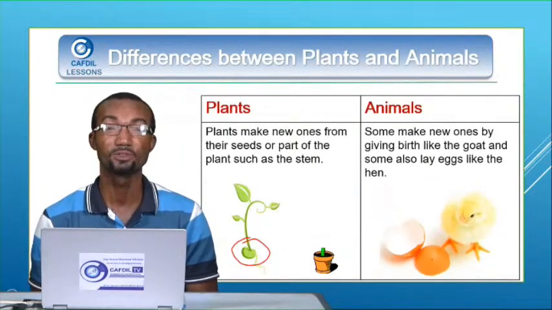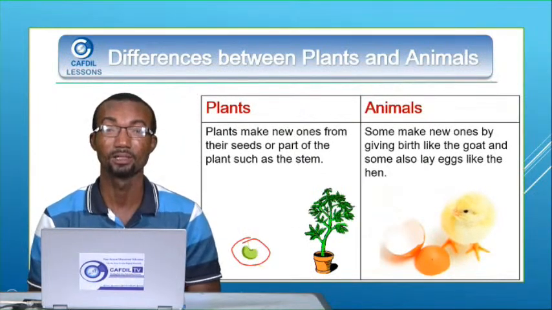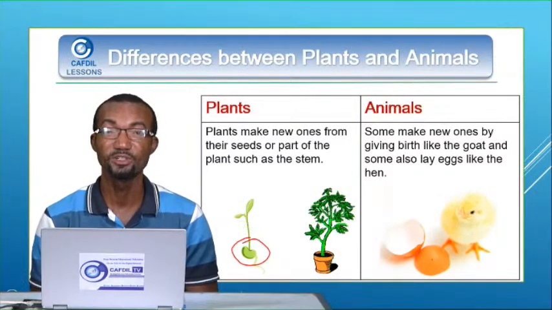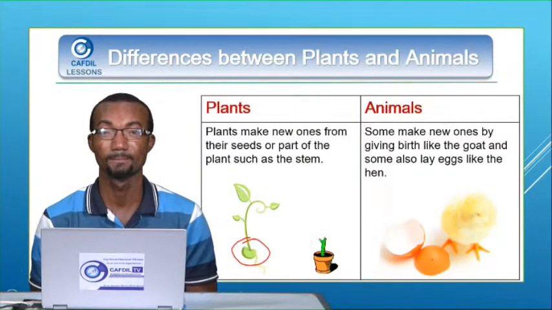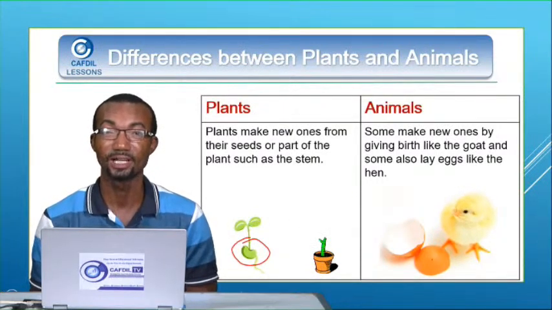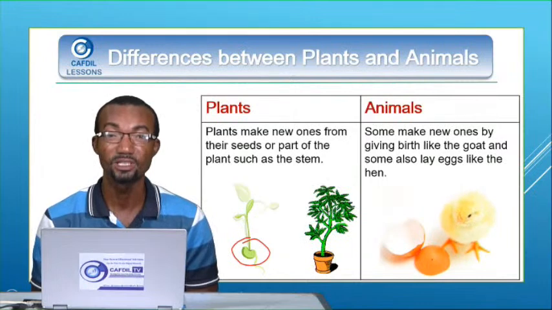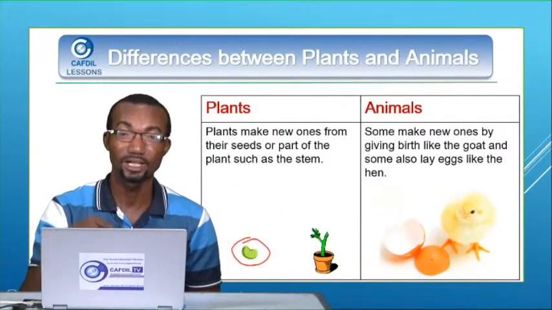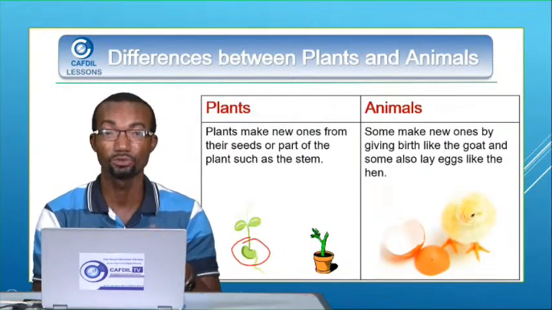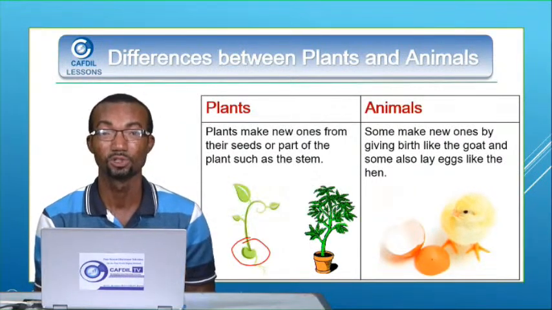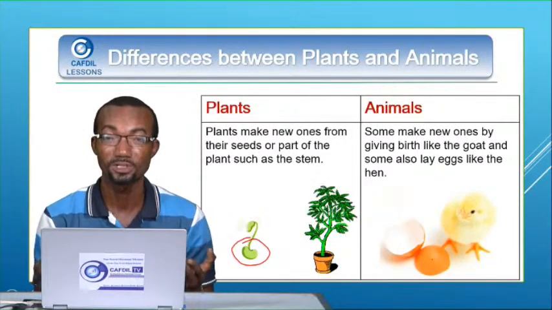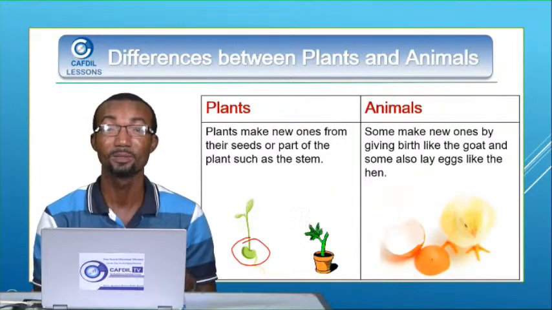So the difference between plants and animals is that, one, plants make new ones from their seeds. So any fruit that you eat that contains seeds, it means that new ones can be gotten from the seeds that you throw away. Some people have grown mangoes somewhere without them knowing.